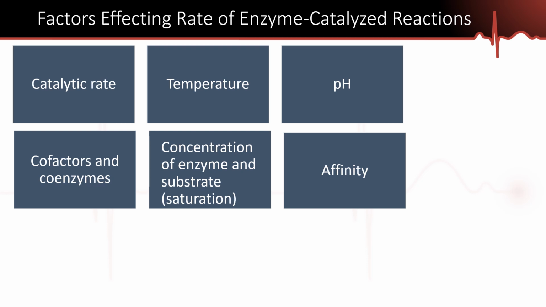You can see some of them listed here. We're going to go through these in just a moment. But I want to start off by saying immediately that what we're doing here is we're trying to generalize. Because ultimately, to really understand this, you need to look at very specific enzymes and where they're located to understand exactly how these different things would influence that specific enzyme.